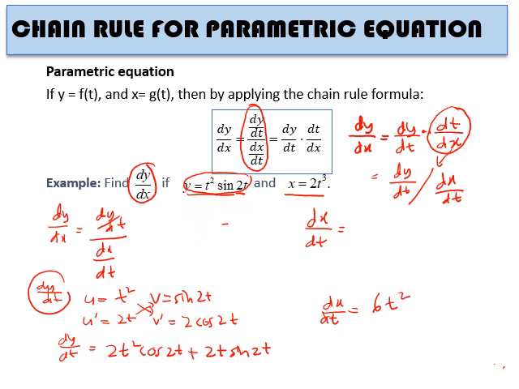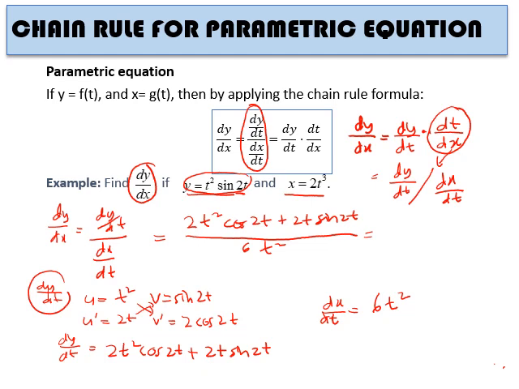So now we just substitute in the formula. You just substitute the function that you got, 2t squared cos 2t plus 2t sine 2t, divided by 6t squared. If you can simplify, just simplify it.